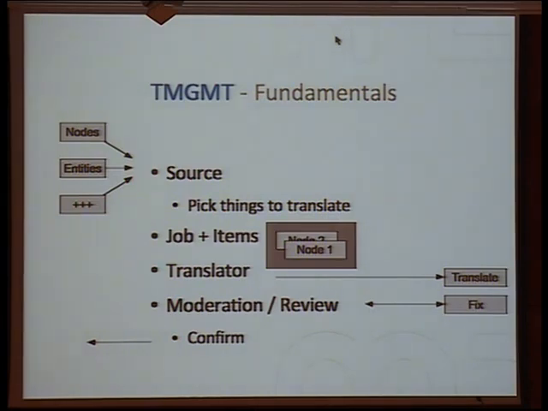Sources might be nodes, might be every entity, might be translation, the localization strings, and all of those source elements can be captured into a job, packaged as a job, and then the job is the fundamental object to be translated, which contains all those different items. And this job you can either translate locally or assign to an external service provider.